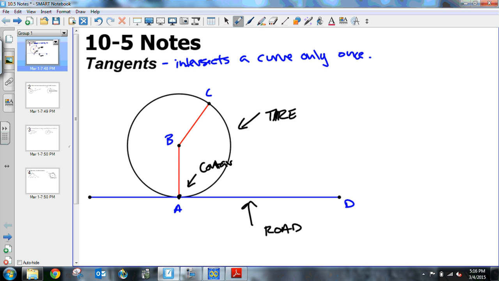Where the tire makes contact with the road, we call that a tangent point, okay? So you could think of the tires as the things on your car that make contact with the road.